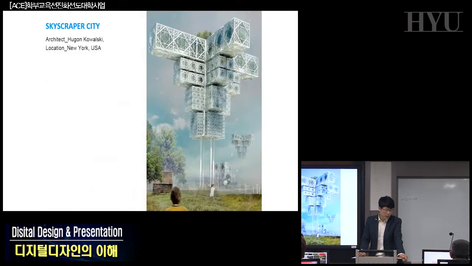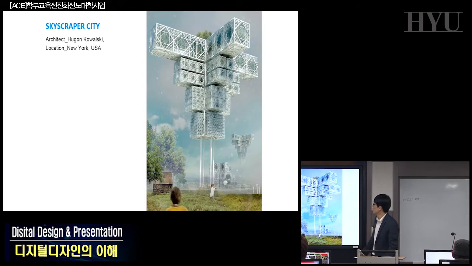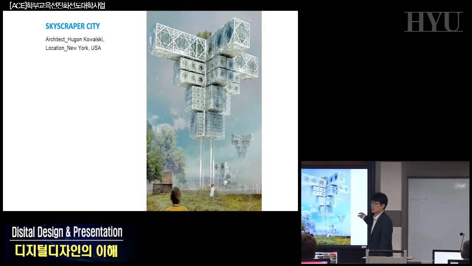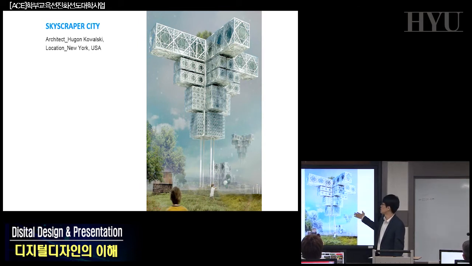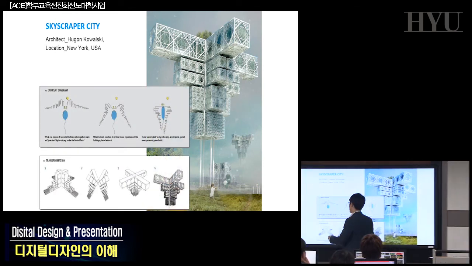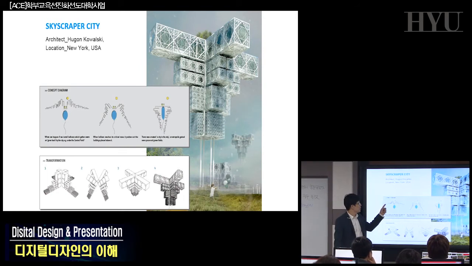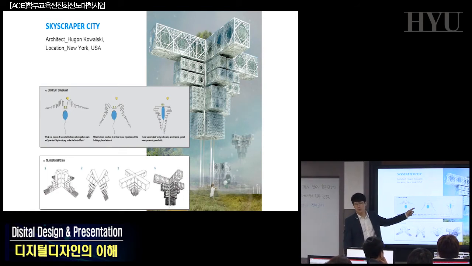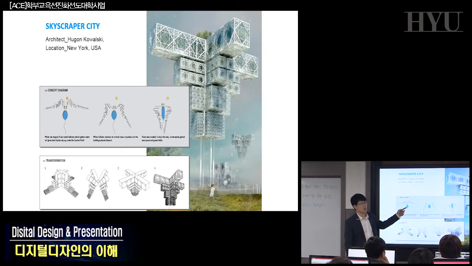Okay. Next one, skyscraper city. Okay, you may know skyscraper, a series of high-rise buildings. That is skyscraper. But this one looks very different. Why is this skyscraper city? Curious. But when you see this concept development diagram, okay, here are typical skyscrapers, high-rise buildings, low-rise buildings, but there is a balloon.